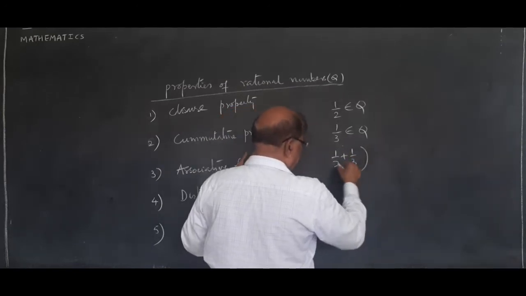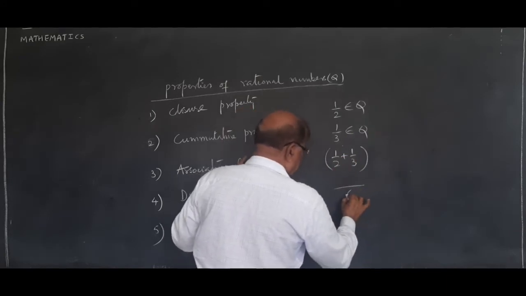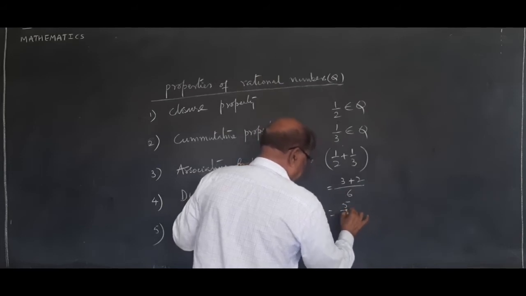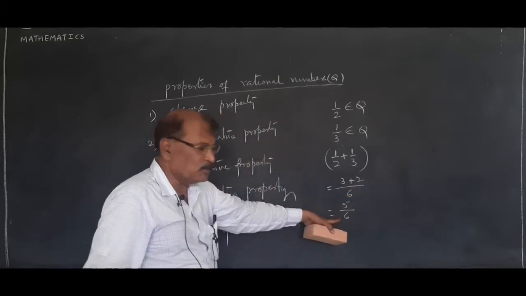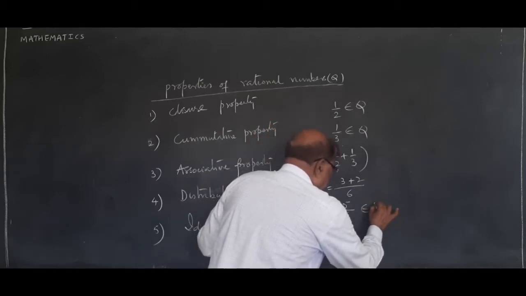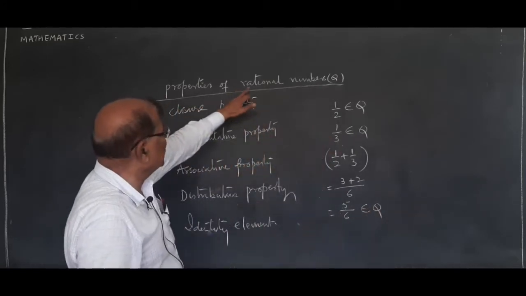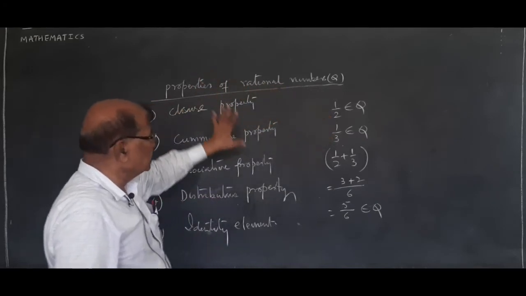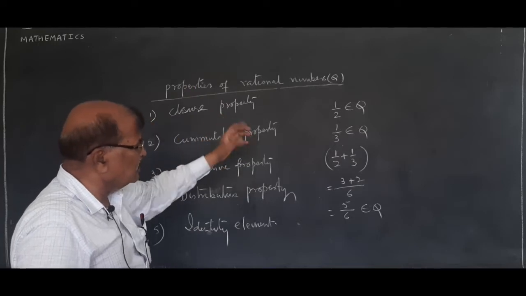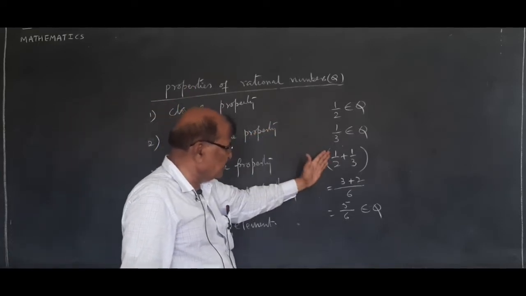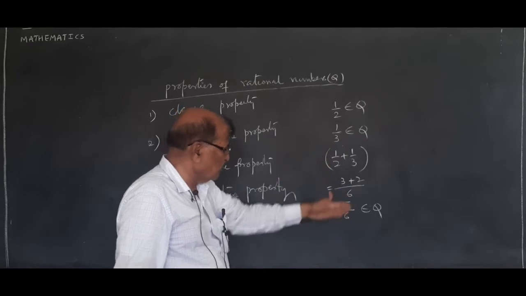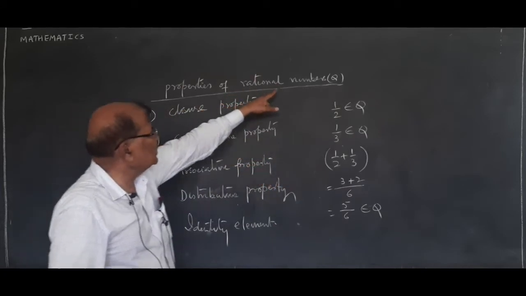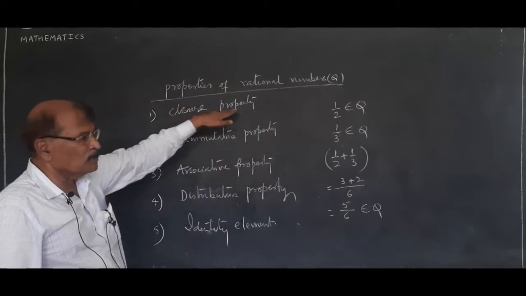Take LCM 6, 3 plus 2, so you are getting 5 by 6. 5 by 6 is in the form of P by Q, so it also belongs to Q. If you add two or more rational numbers, the resultant number is also a rational number. So, this property holds good in rational numbers. That property is named closure property.